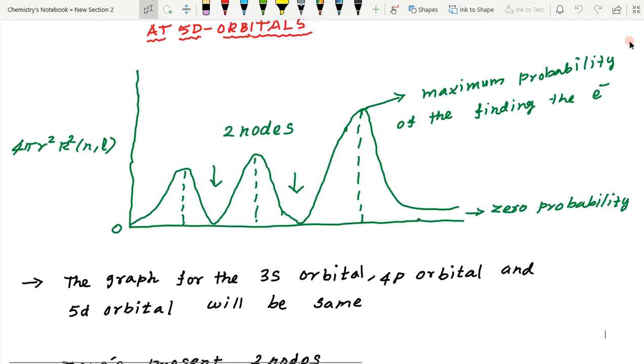At 5d orbitals, take a plot for 4 pi r square, capital R square, nl. See the diagram. There are two nodes available, two smaller curves, one bigger curve. At the bigger curve, the maximum probability of finding the electron is denoted.